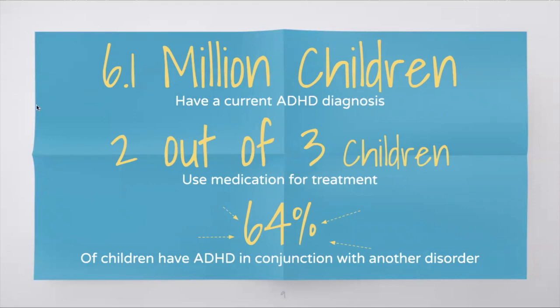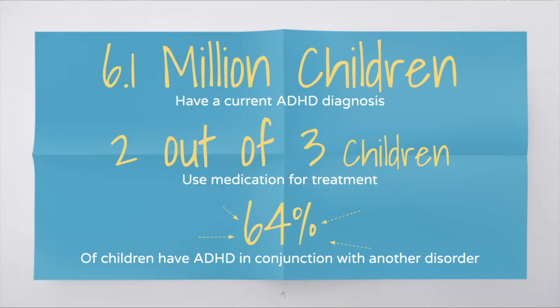So now we're going to transition into talking about some of the statistics revolving around children that have ADHD. Currently there are 6.1 million children in the United States that have been diagnosed with ADHD. Like Makila mentioned earlier, a common treatment that is used for ADHD is a medical stimulant.